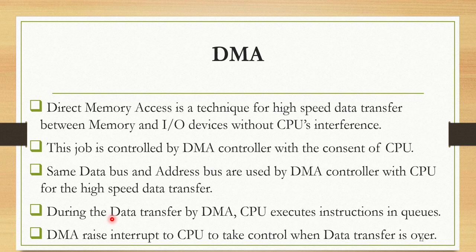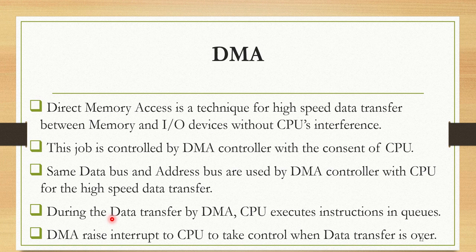The CPU has nothing to do in it. The CPU got the interrupt, asking that 100 pages have to be printed. So the CPU assigns this job to some other controller. That controller takes the data from memory, RAM, and keeps on printing till 100 pages are over. When 100 pages are over, it gives another interrupt to the CPU to tell that its job is over.